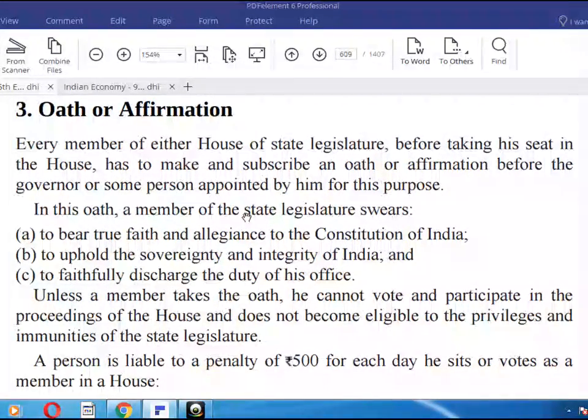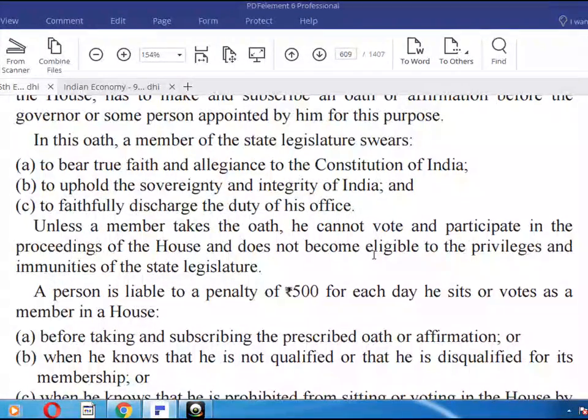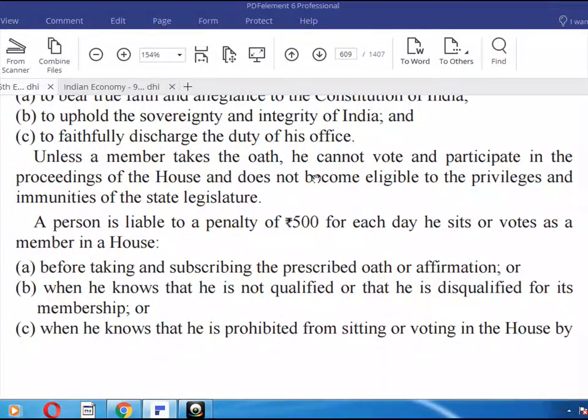In this oath, a member of the state legislature swears to bear true faith and allegiance to the Constitution of India, to uphold the sovereignty and integrity of India, and to faithfully discharge the duty of his office. Unless a member takes the oath, he cannot vote and participate in the proceedings of the House, and does not become eligible to the privileges and immunities of the state legislature.